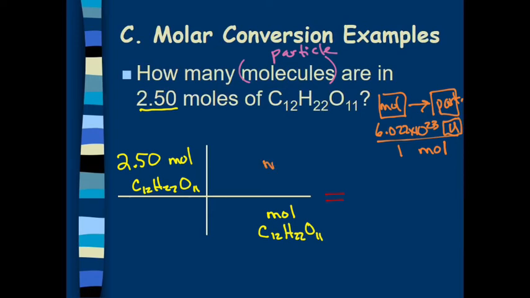So I will go put molecules. Notice I'm abbreviating it MOLEC because I don't want it to look like moles, that extra C. I know it's going to be molecules of sucrose. So when I put in my values, a 1 must go with the moles. And then Avogadro's number right here has to go with our particle, molecules.